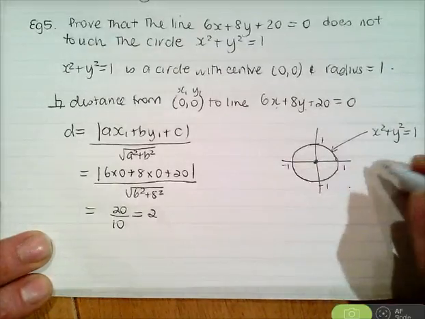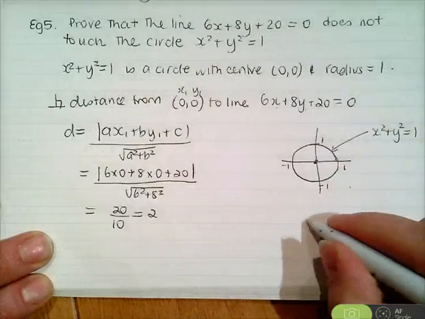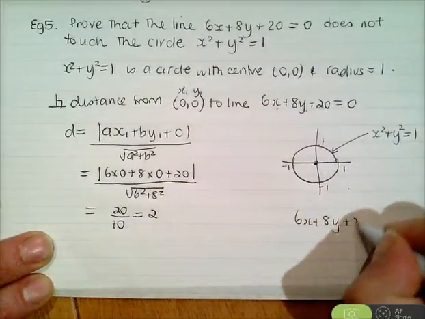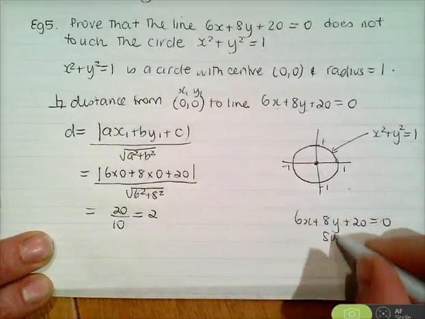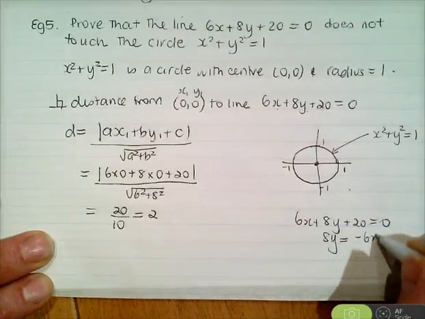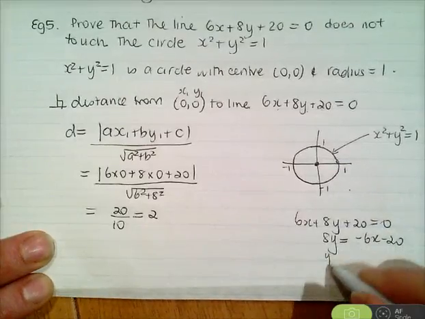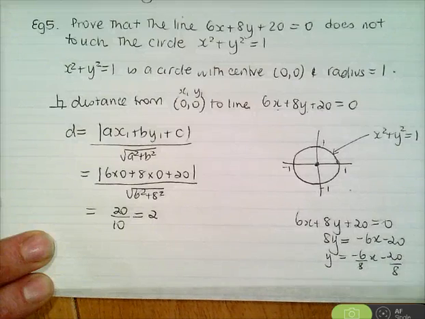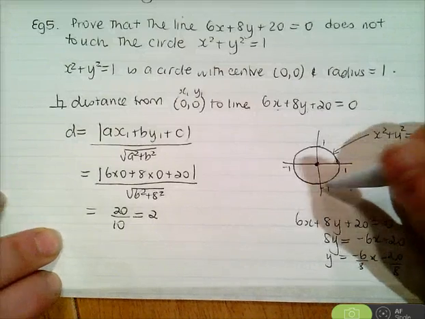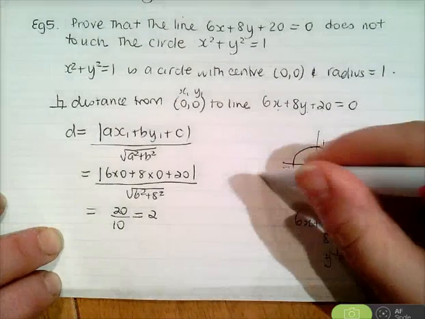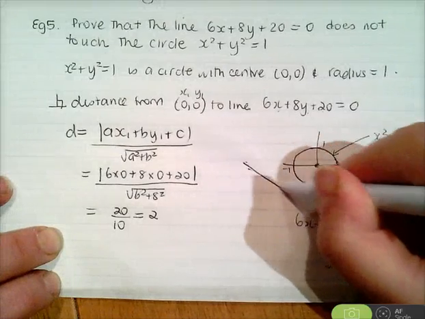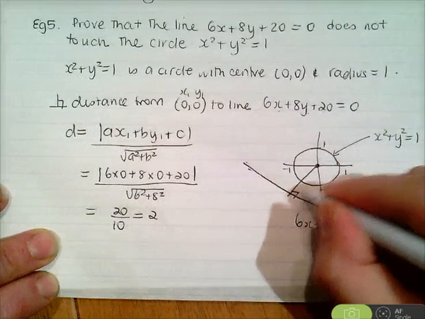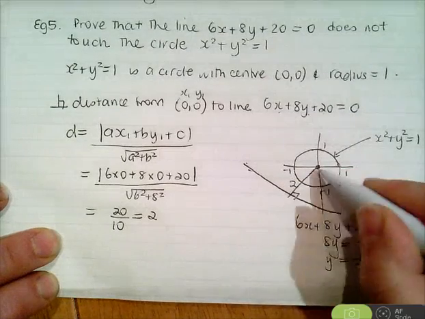I'm not going to draw exactly where this line would be, but if I just have a quick look at 6x plus 8y plus 20 equals 0 and rearrange it, 8y is negative 6x minus 20, so y is negative 6 on 8 x minus 20 on 8. So it's got a negative gradient and a negative y-intercept. I would say that the line sort of goes like this, and the distance from the point to the line happens to be 2 units.